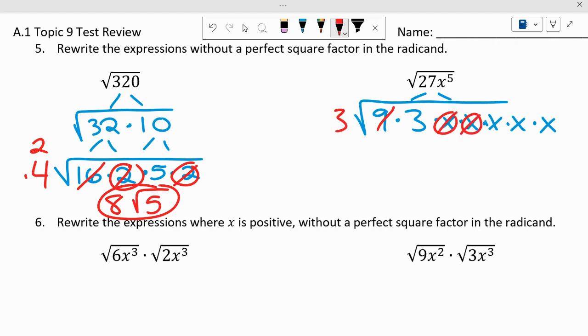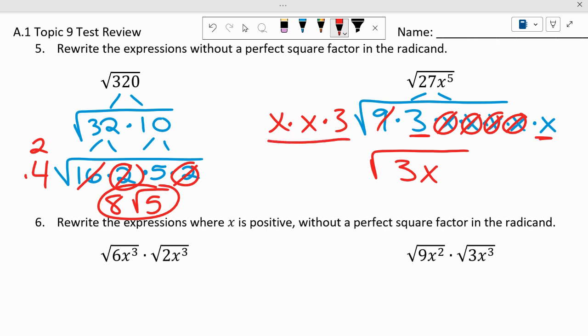I have a pair of x's, so I take out an x. I have another pair of x's, so I take out another x. And there's nothing else I can take out. 3 and x are not perfect squares and they do not match, so I put those back together. And then in the front, I multiply those. 3 times x is 3x squared.